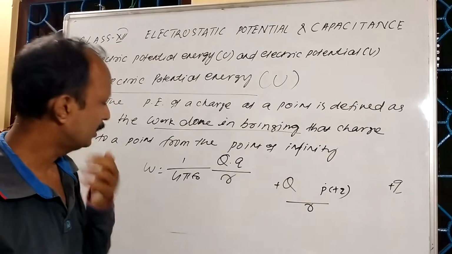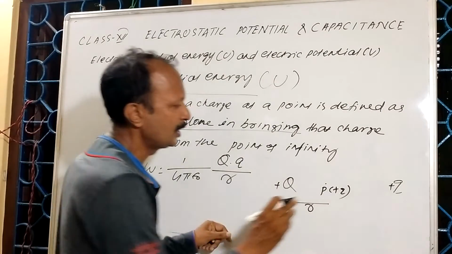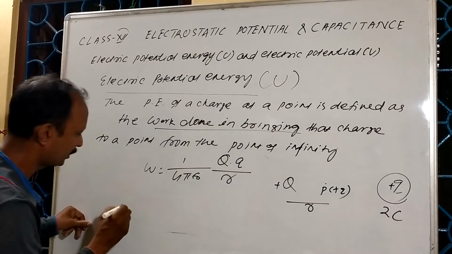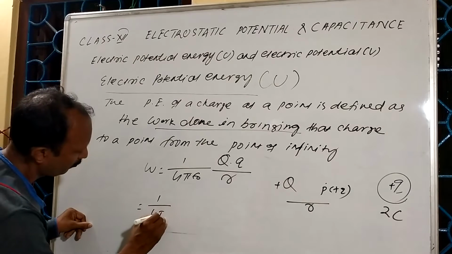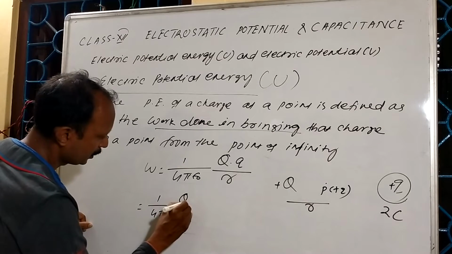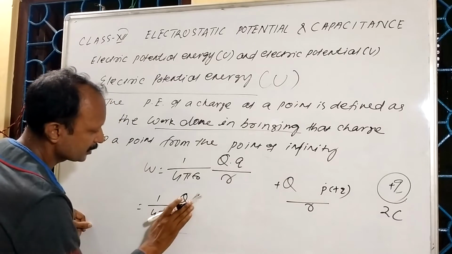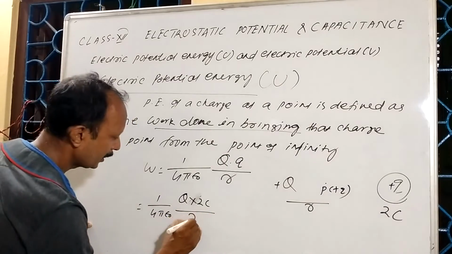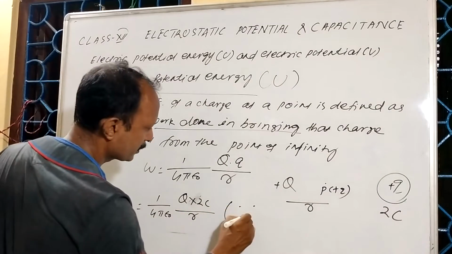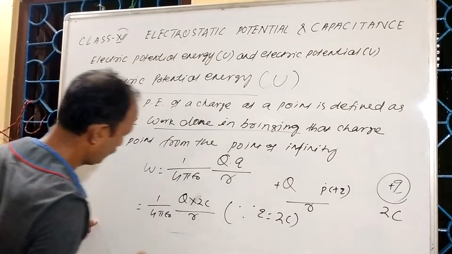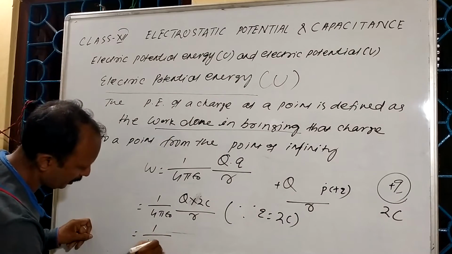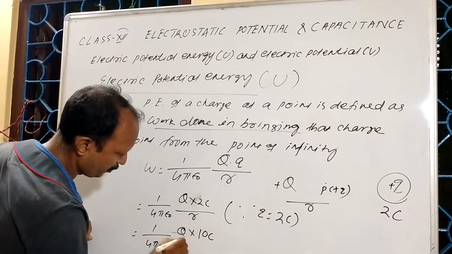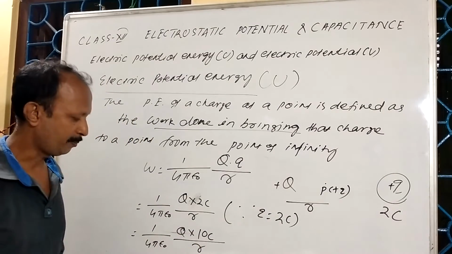Now listen carefully. Suppose this charge is not plus q, this is 2 coulomb. Then what shall I write? I can write 1 upon 4 pi epsilon naught Q into, sorry, in place of q, I shall use 2 coulomb, divided by the distance. Why? Since q is equal to 2 coulomb. For example, if q is equal to 10 coulomb, then in place of small q I shall write 10 coulomb divided by r.